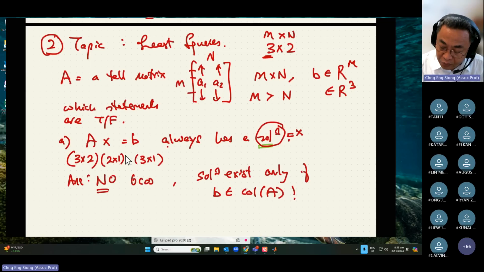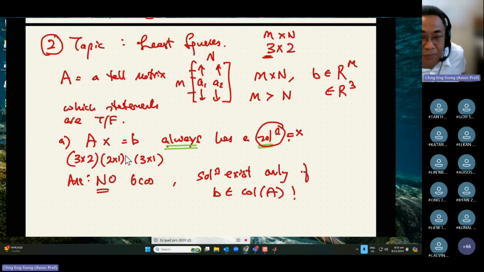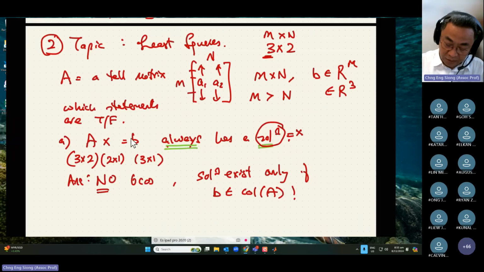So that's the tricky question. If I use the word sometimes, then the answer is true. So these questions are non-trivial. You have to understand completely what the word always means, what the word solution means, and what AX equals B means. It's the equality.